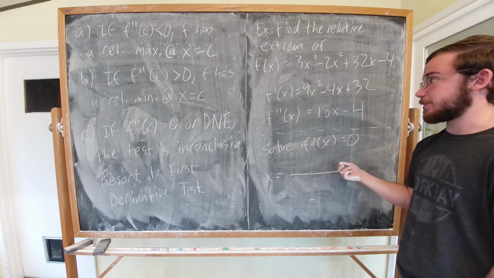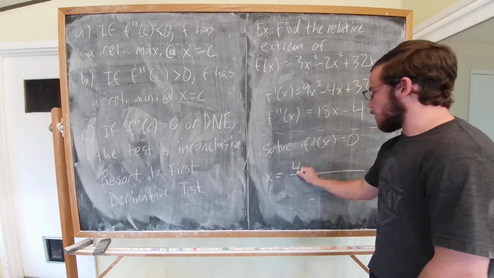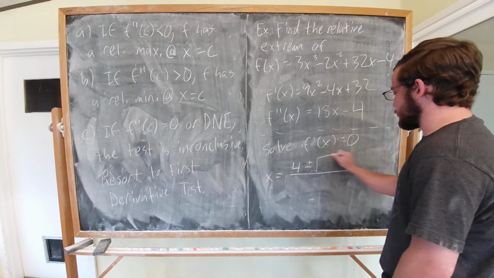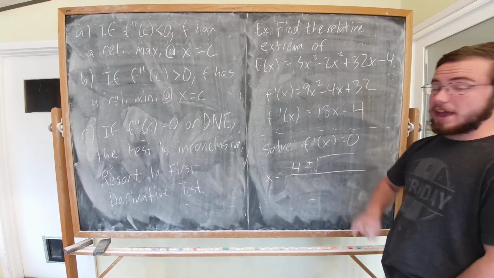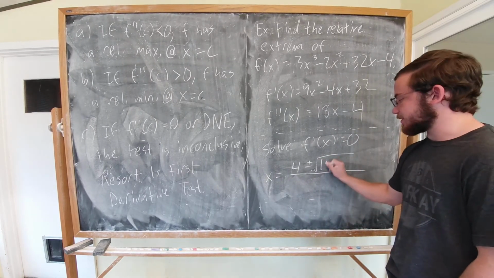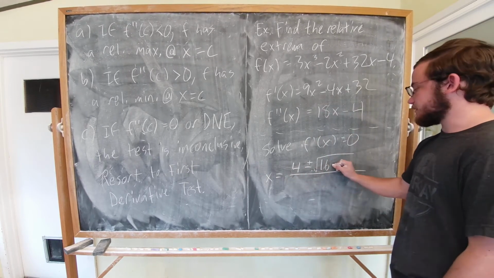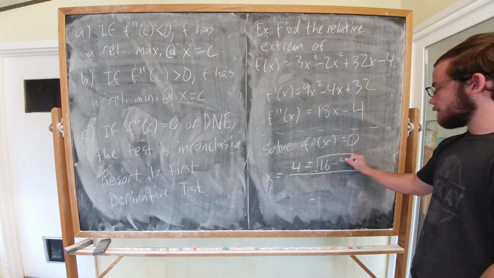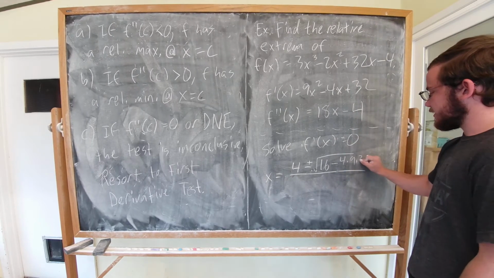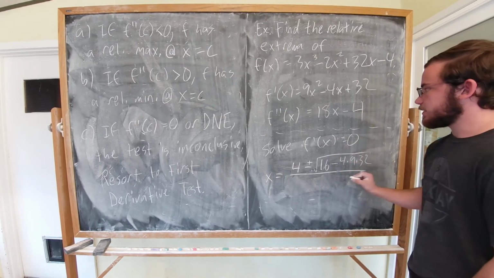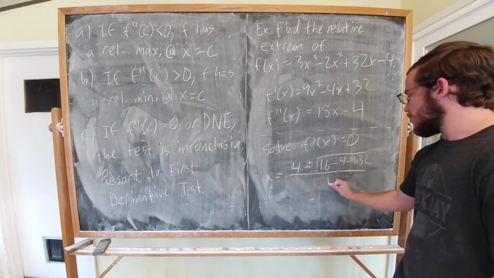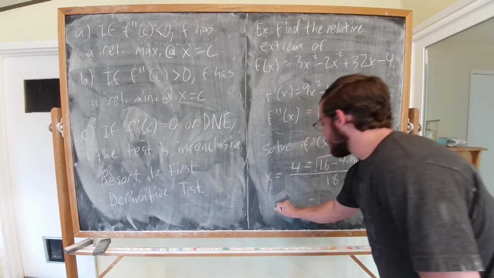I don't feel like factoring. It'll be 4 plus or minus the square root of negative 4 squared, okay, 16, right? So we have negative 4 plus or minus square root of 16 minus 4 times 9 times 32 divided by 18.